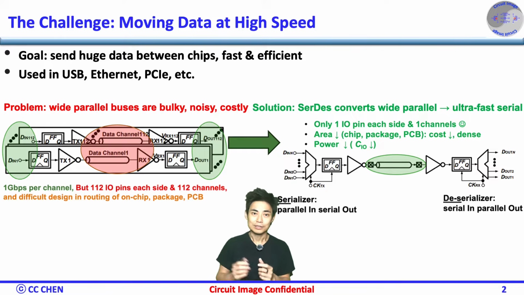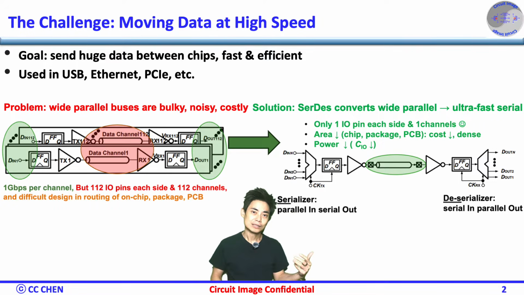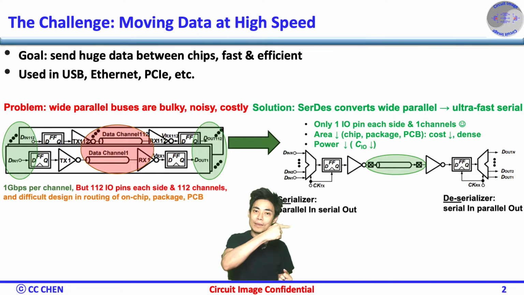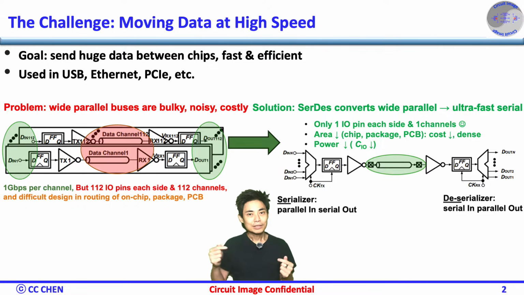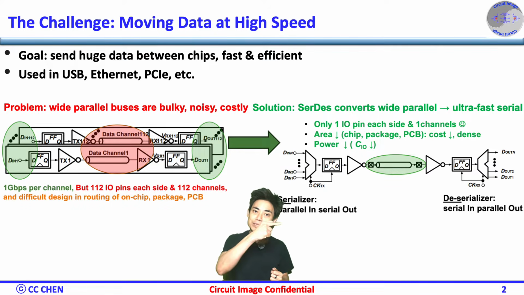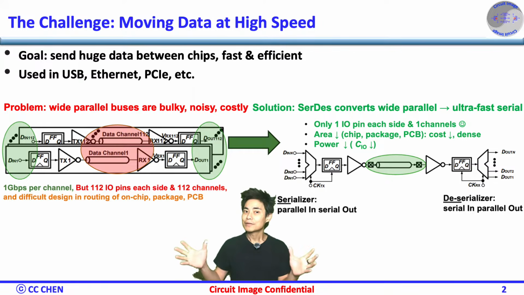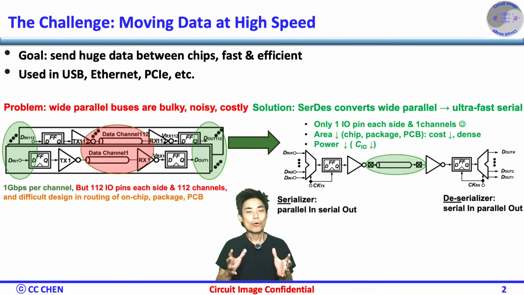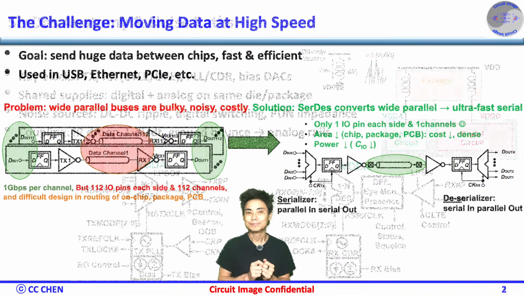The solution is the SerDes, or serializer/deserializer, which converts this wide parallel data into an ultra-fast serial stream, much like funneling a highway into a high-speed train tunnel. This is the technology that powers everything from USB and Ethernet to the backbone of the Internet.